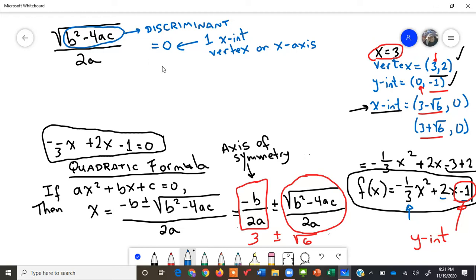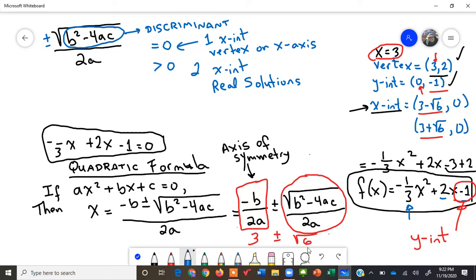Now, if this is positive, then because of this plus or minus, we get two x-intercepts. And these are real solutions. Only real solutions will show up on a graph, so two real solutions, two x-intercepts. And that's what we have here, because 6 is positive.